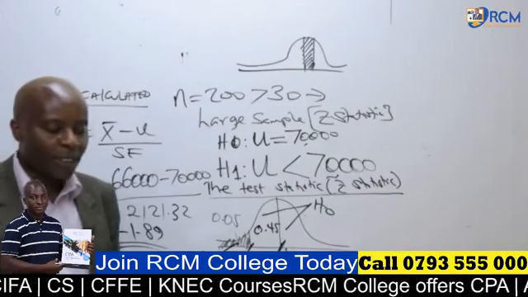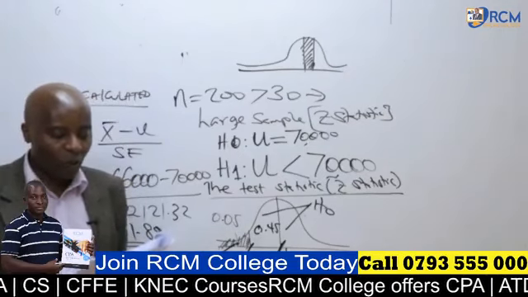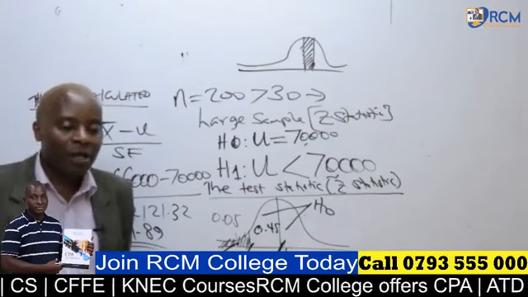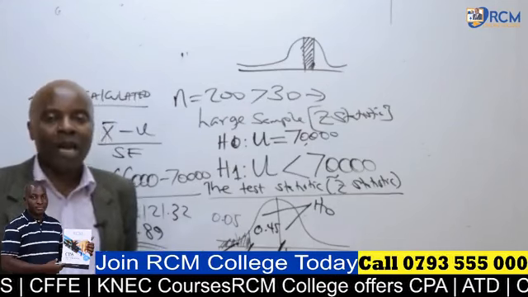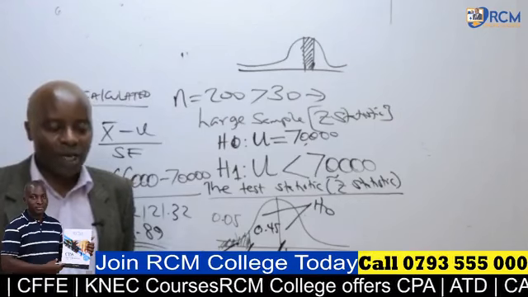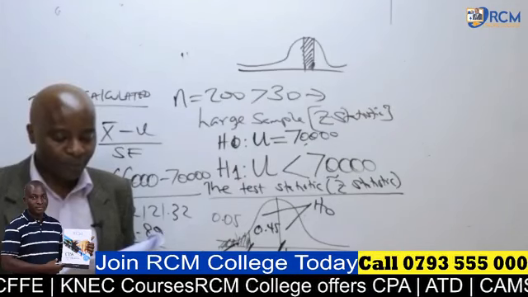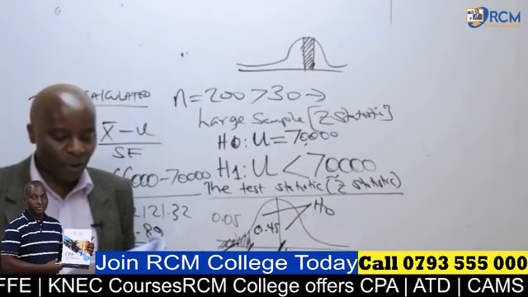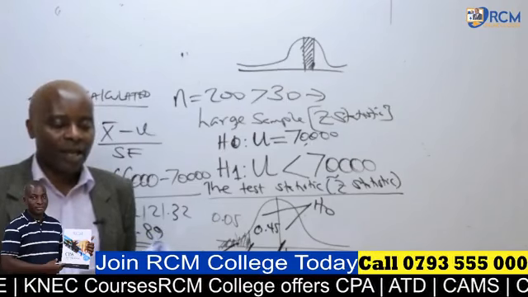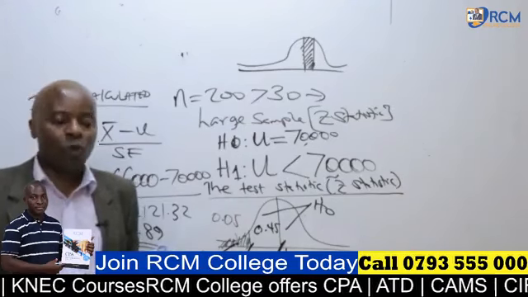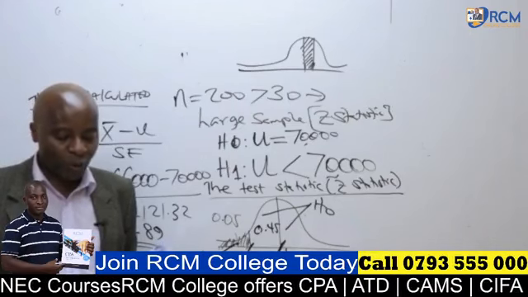Exercise 2: a sample size of 100 is drawn from a normal population whose mean is 30 and the variance is 2.25.